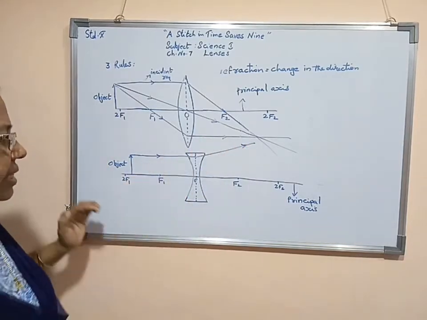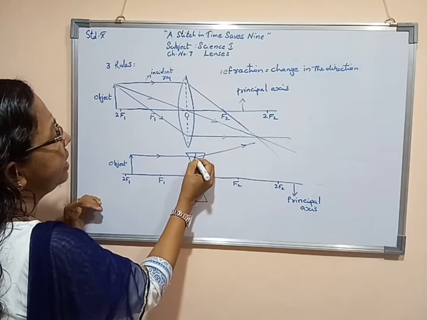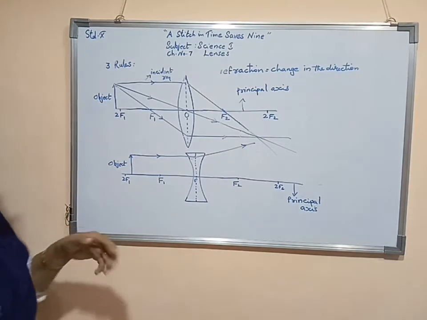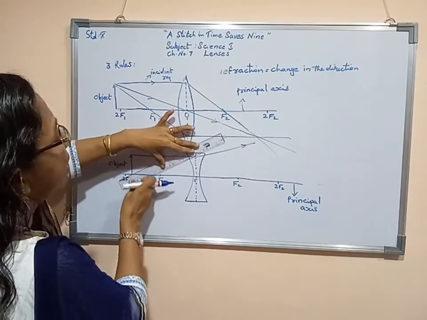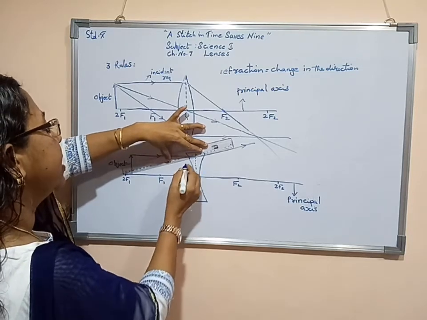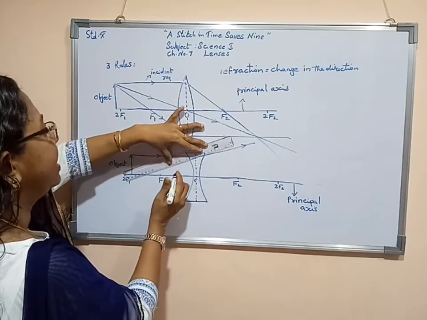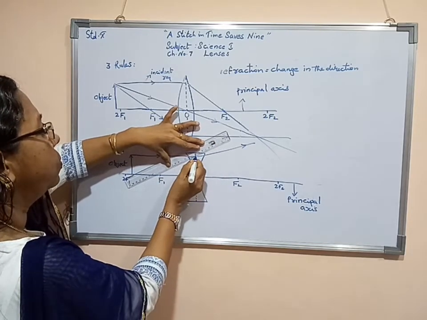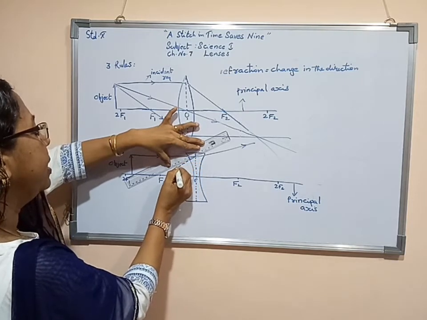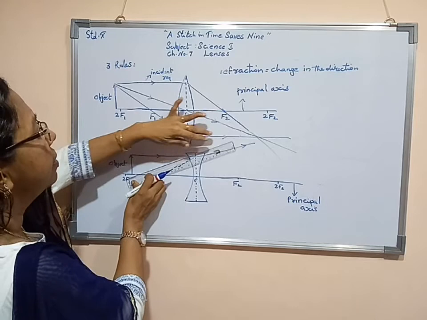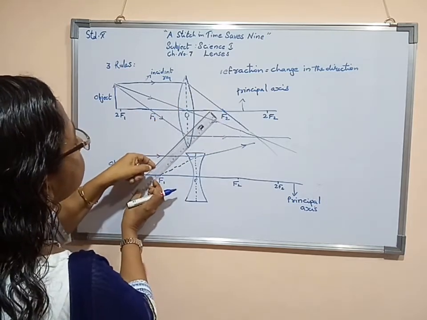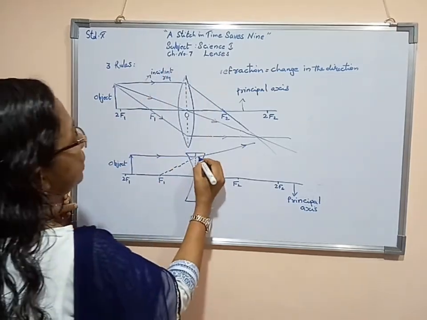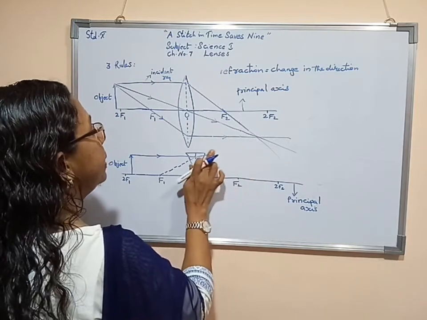Again, if we extend the same ray backward, where it comes and joins, that spot we can say is the principal focus of the lens. So here this will be a straight line.